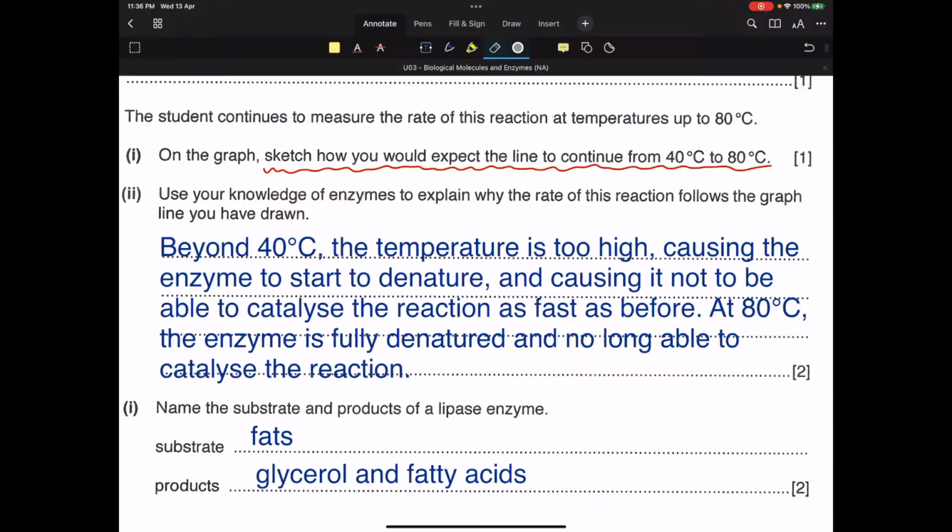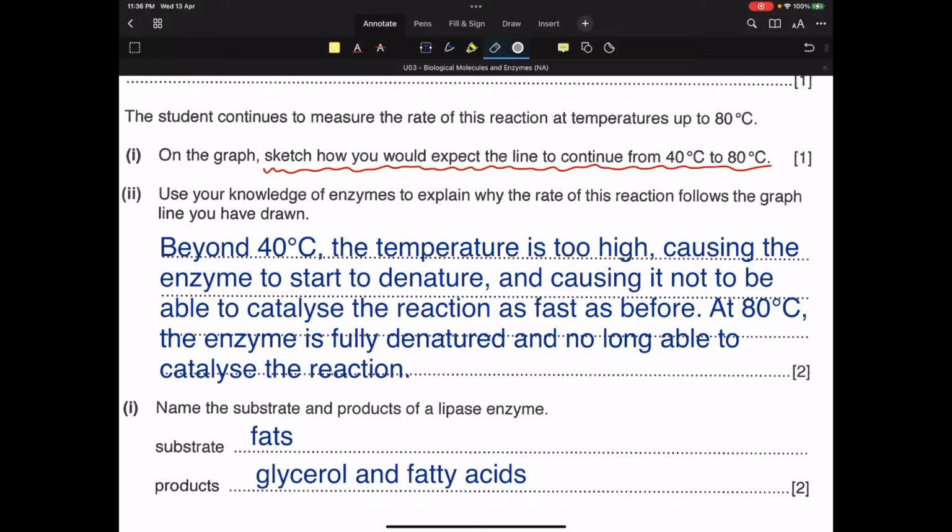So state that beyond 40 degrees Celsius, the temperature is too high, causing the enzyme to start to denature and causing it not to be able to catalyze the reaction as fast as before. That's for the first mark. Then, since the graph was sketched all the way to 80 degrees Celsius, you will state that at 80 degrees Celsius, the enzyme is fully denatured and no longer able to catalyze the reaction.